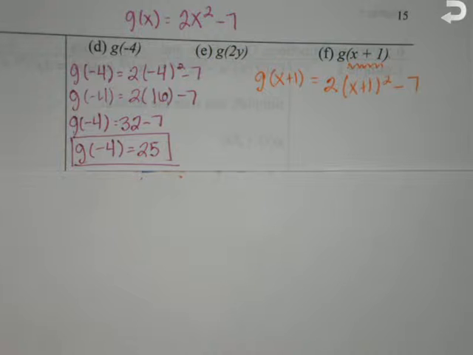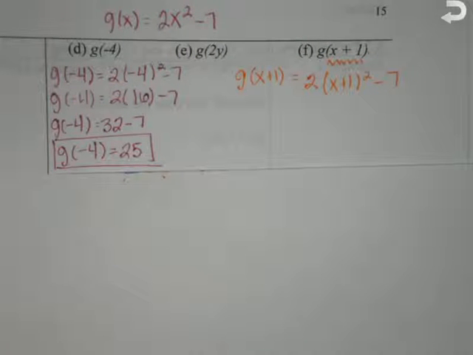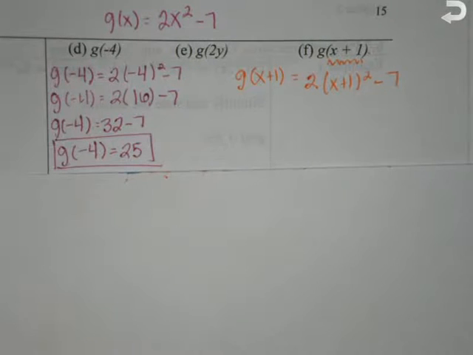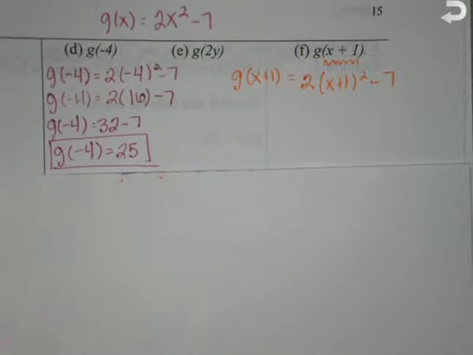Okay. Order of operations tells me I have to use parentheses first, which we have x plus 1, and then exponents. x plus 1 squared. How can I evaluate that? x squared plus 2x plus 1. How'd you get that? You did FOIL, or you can also do box method.